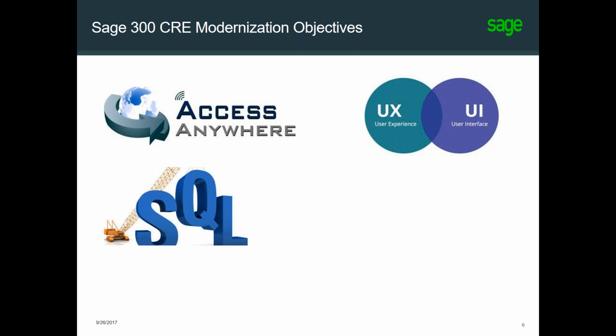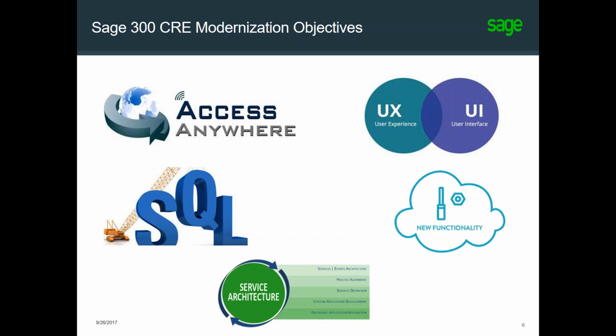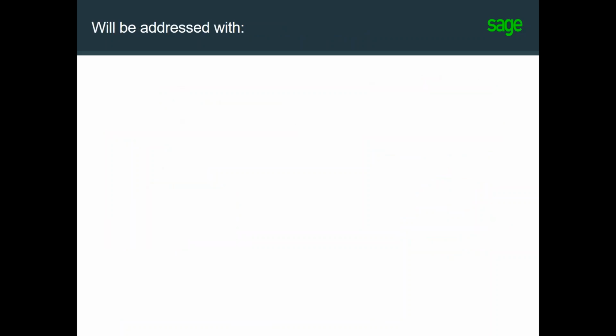Also to move us to the industry standard database of Microsoft SQL Server and give us new functionality along the way. We don't simply want to take exactly what was there and repeat it, maybe in a web-based format. We also want to give additional functionality where it's appropriate and change the architecture of the overall system. And we'll talk about that as we go along here as well.